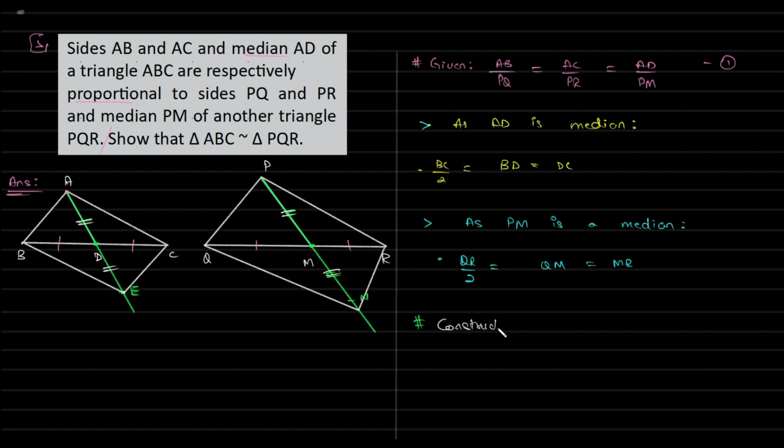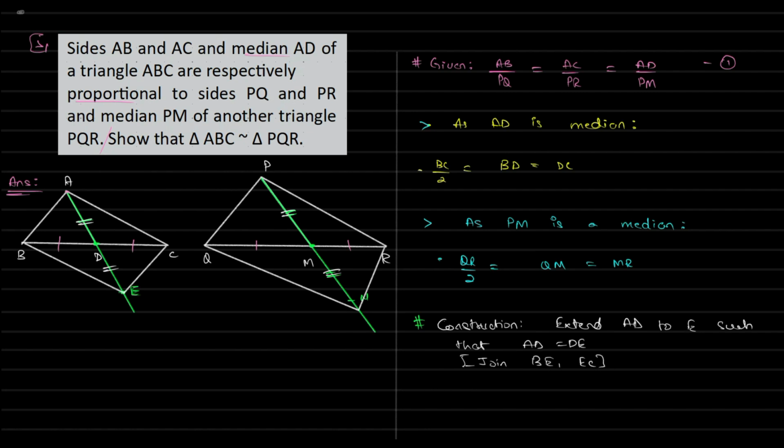So next is construction. We constructed quite a few things. Extend AD to E such that AD is equal to DE. Then join BE, EC.